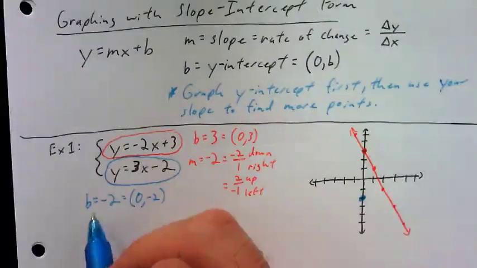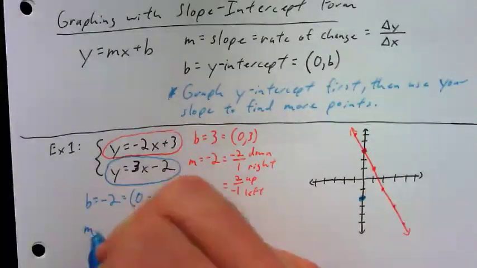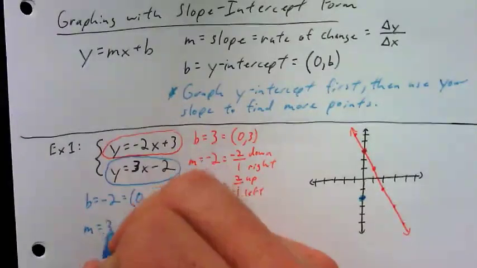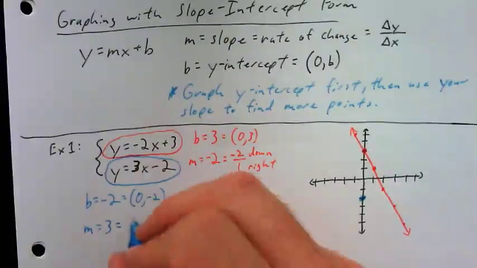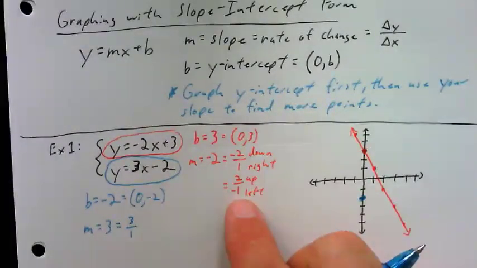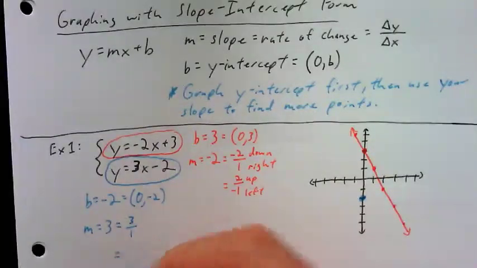Now, we also need a slope. What is the slope of that second line? 3. So again, thinking of this as a fraction, this would be 3 over 1. Now, you know how I also wrote it out a second way here? There's a second way I could write this one as well.